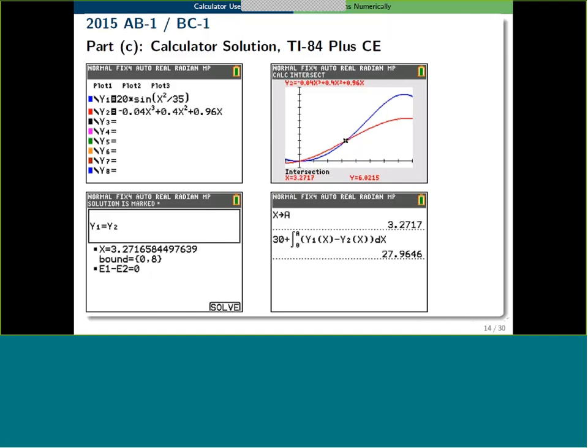And just to go a little bit further, you'll notice in the bottom right-hand corner, as the calculator found that point of intersection, I stored that in a variable A, and I was actually able to use that solution to find that actual minimum value at 27.9646.